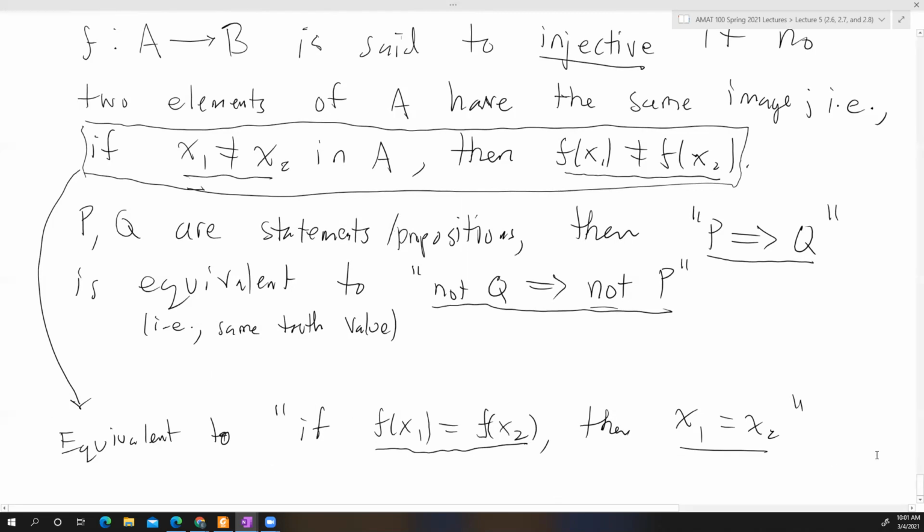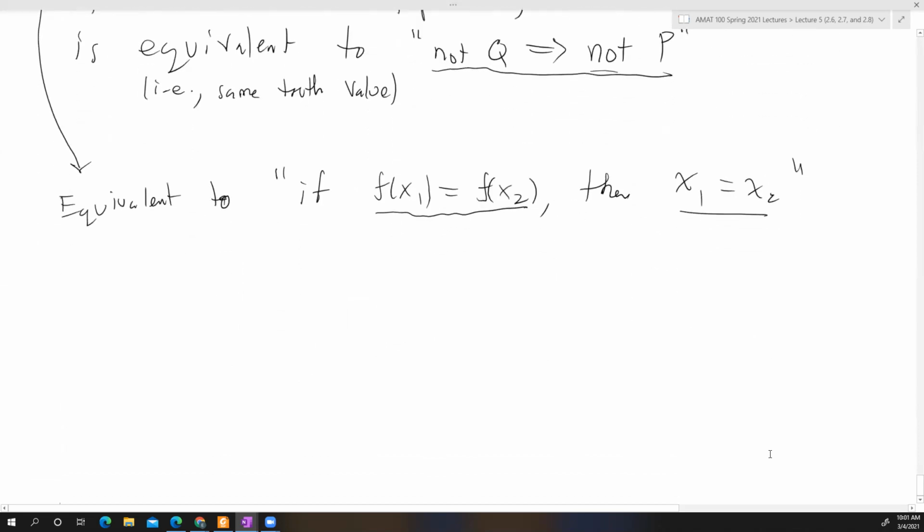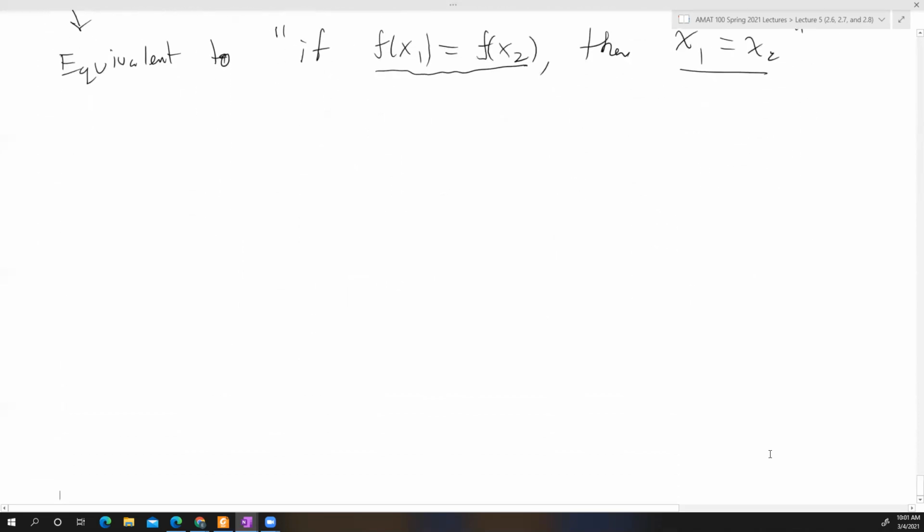So from this, it's easy to deduce the so-called horizontal line test. We looked at another, similar test called the vertical line test. And that was about whether a graph of an equation corresponded to the graph of a function.